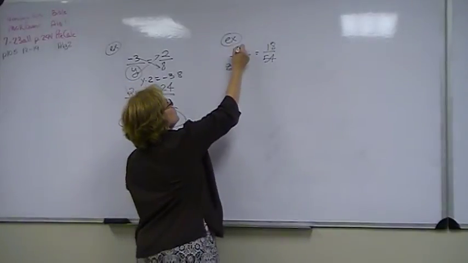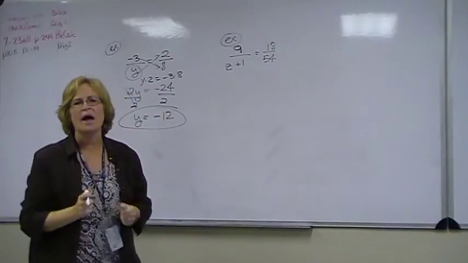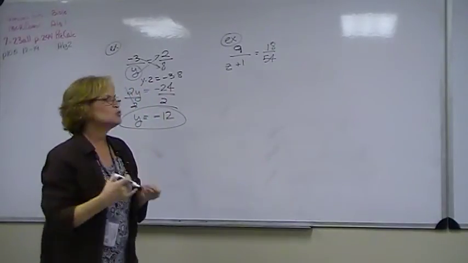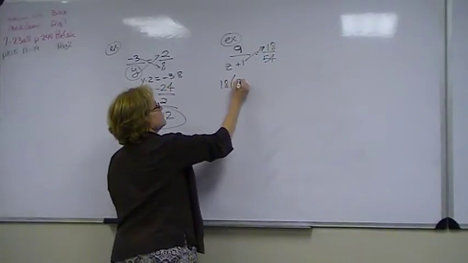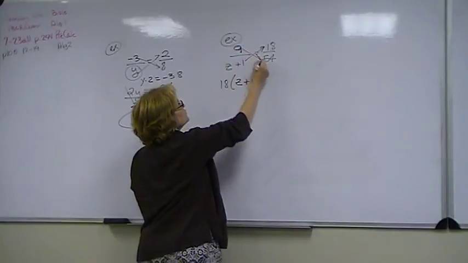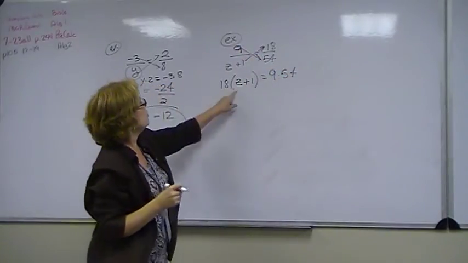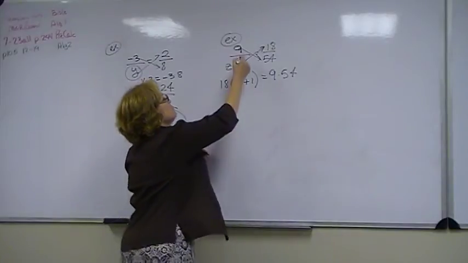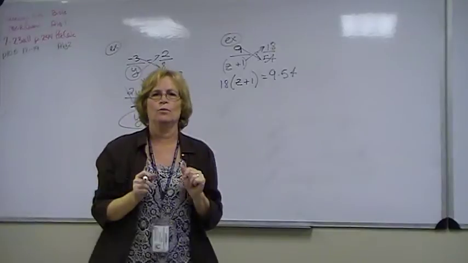Again, I am looking for an unknown, but this time my unknown is tagged up with a 1. So the mean extreme product theorem says the product of the means, which is 18 times z plus 1, is equal to the product of the extremes, which is 9 times 54. You will see that I put that in parentheses because I have to think of that as a 1 value.